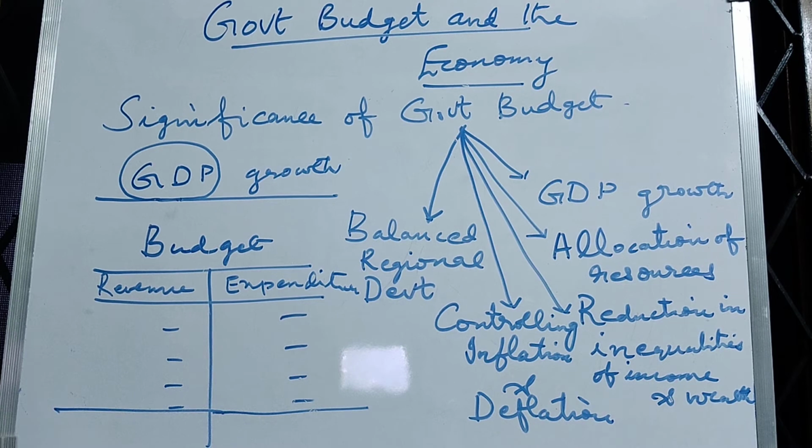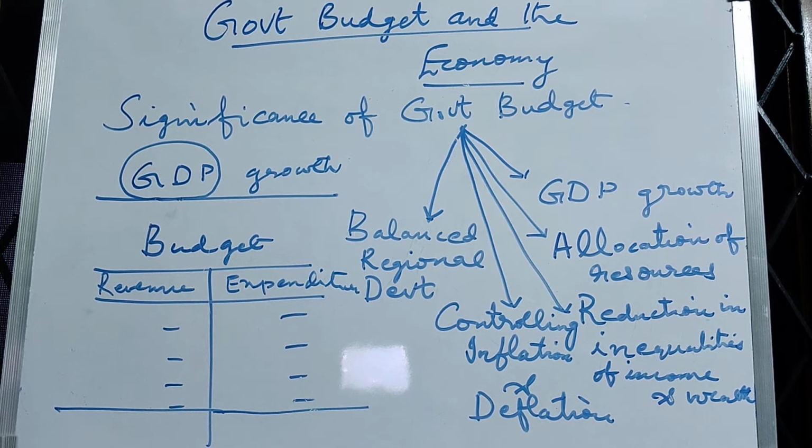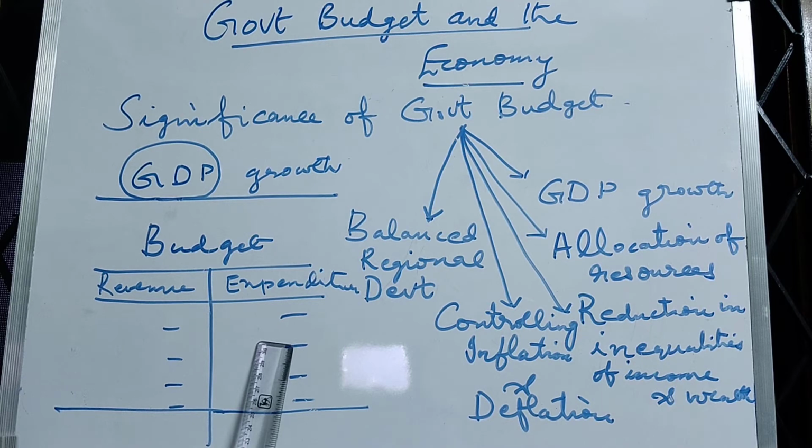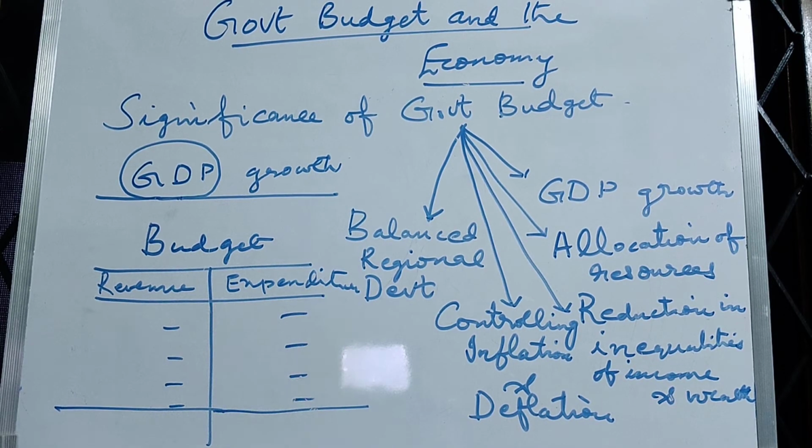It has a very direct effect on farming. In the areas where the dam is constructed, the farmers get a regular supply of water for irrigation. So that shows that the expenditure by the government has helped to improve agriculture.